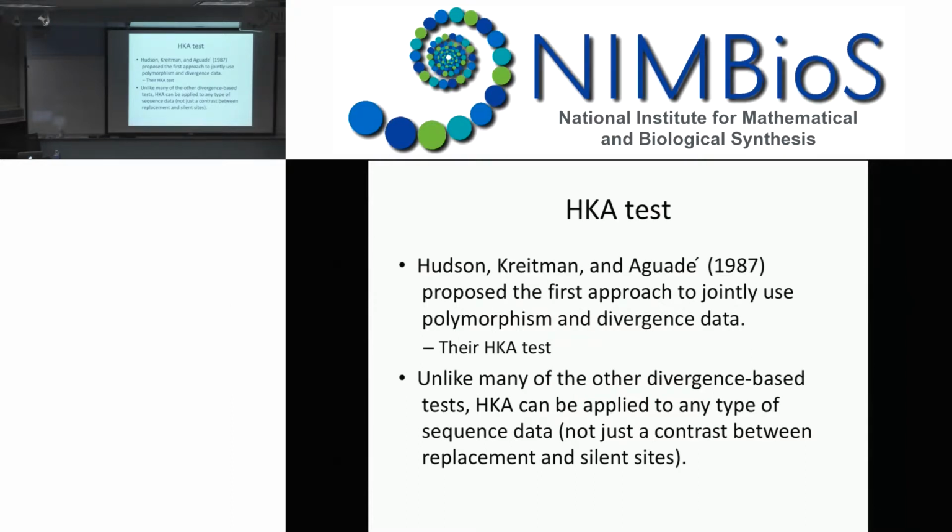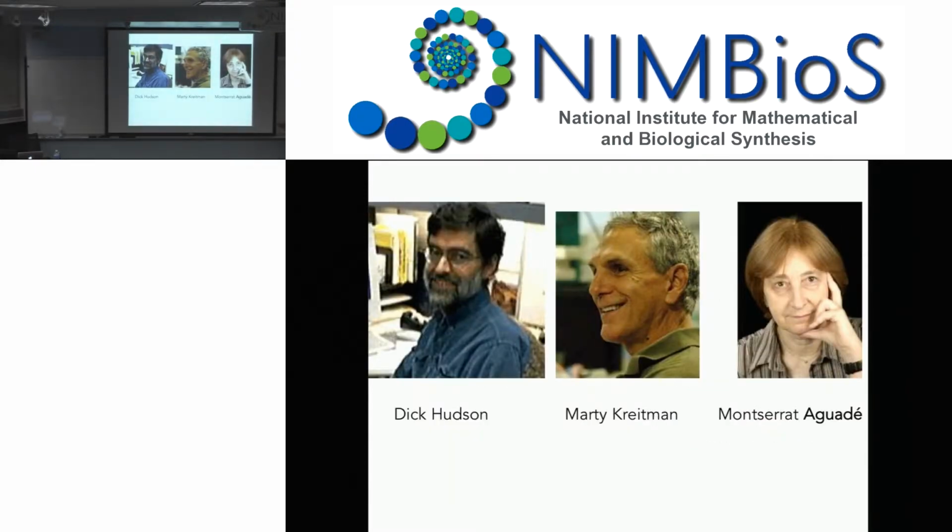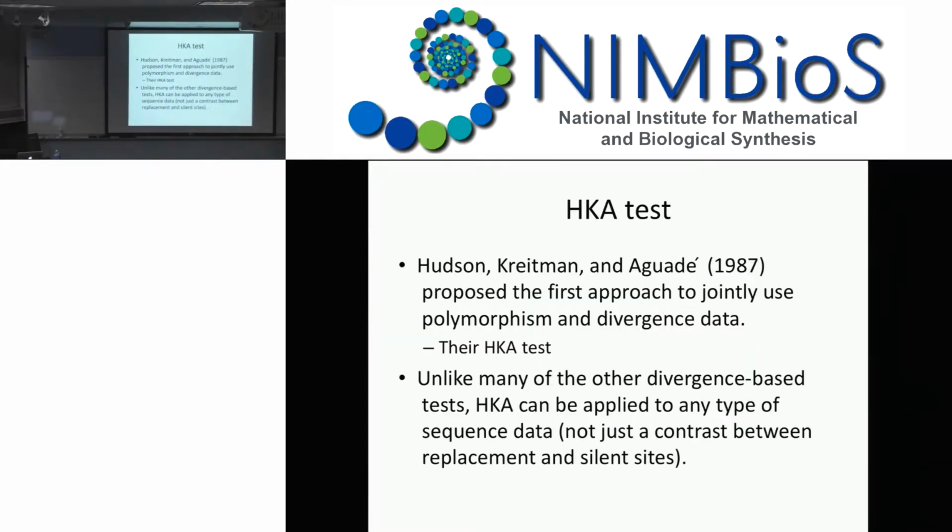Let's now talk about the two main categories of tests for divergence based upon a polymorphism sample and a divergence sample. Test number 1 is HKA, Dick Hudson, Marty Kreitman, Aguade, the HKA test. So you see Marty's in 2 of these. The University of Chicago is where this was put together.